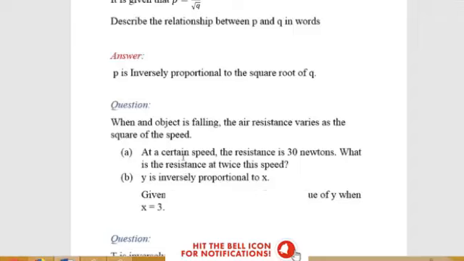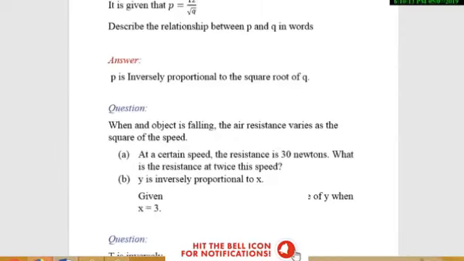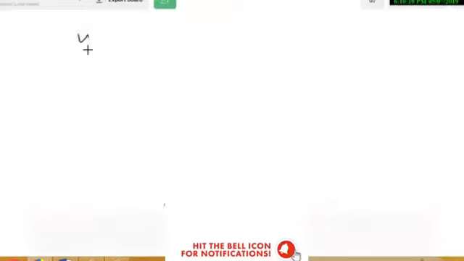The second part, the B part, is that y is inversely proportional to x. Let me write the equation first. As y is inversely proportional to x, y is equal to k over x.